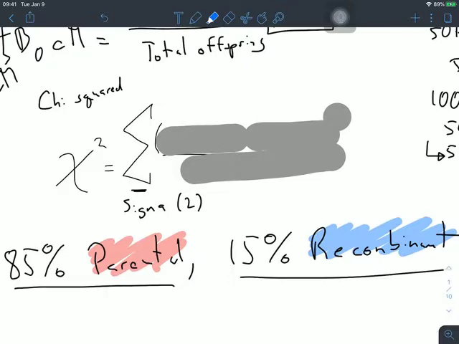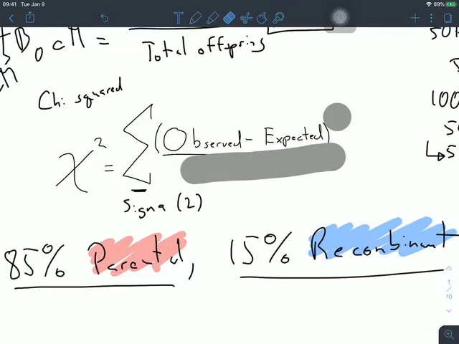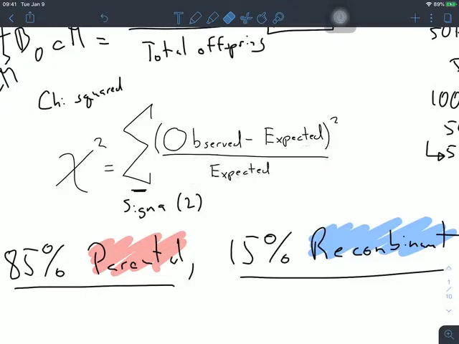And so we're going to be summing two different numbers, and our numbers derive from the equation of our observed number of progeny minus our expected number of progeny squared divided by our expected number of progeny in that class. So you will be doing this equation once for our parentals, this equation once for our recombinants, and then adding them together to derive a value.